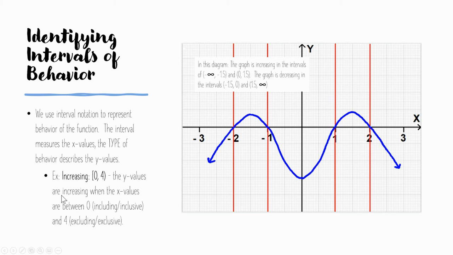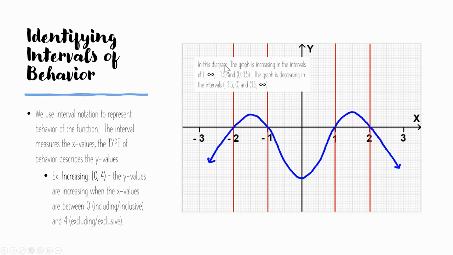The y values are increasing when the x values are between 0, including 0, that's what the bracket means, and 4, excluding, that's the parentheses. You could think of it as having a closed dot and an open dot from 0 to 4. Even though the x values are going from 0, 1, 2, 3, 4, the y values are actually increasing as well.